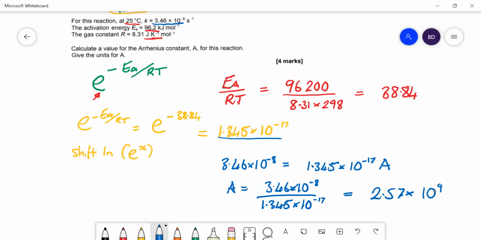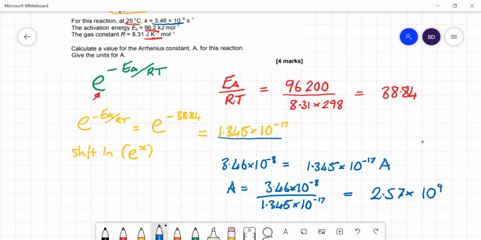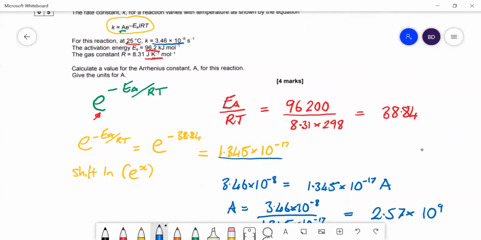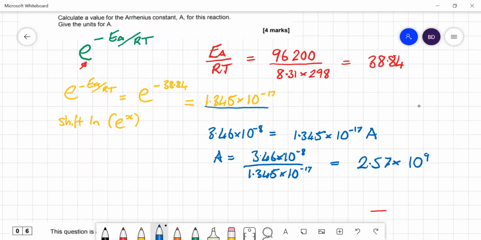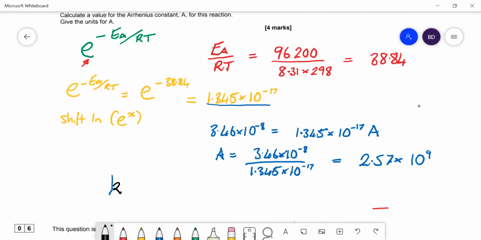And what we're going to have to do there is think about the units, really. They have asked this actually in the past, so I'll just explain. The Arrhenius equation is k is equal to A times e to the power of minus Ea over RT. Whenever you raise a number to the power of something like that, it has no units.